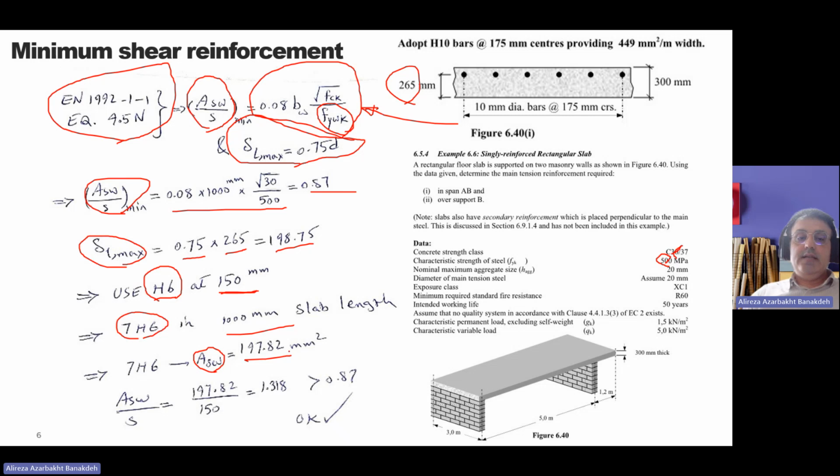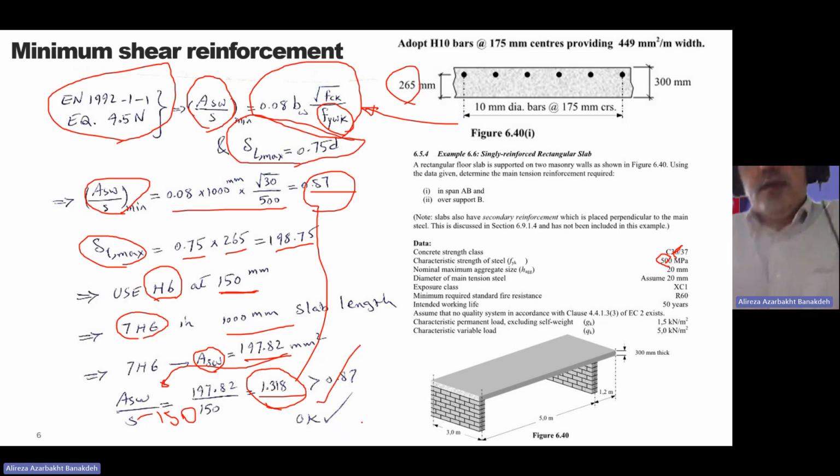And if you put this instead of ASW, and S is 150 millimeter, you will come up with this ratio, and you can see this ratio is more than the one that I needed, which was meant to be the minimum. So now I'm quite more than that, and that's okay. So we are more than fine for the minimum reinforcement.